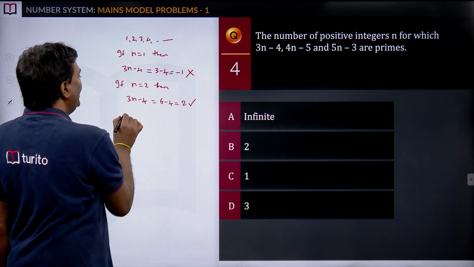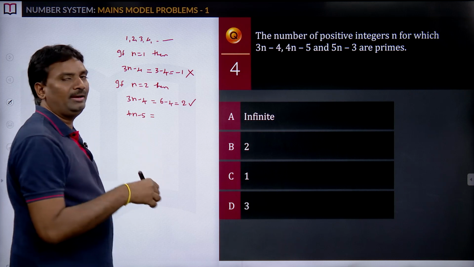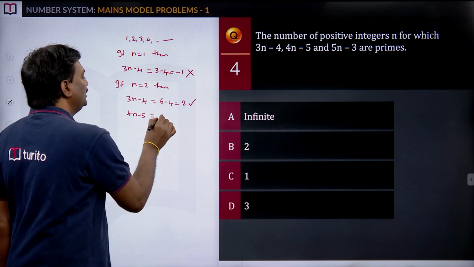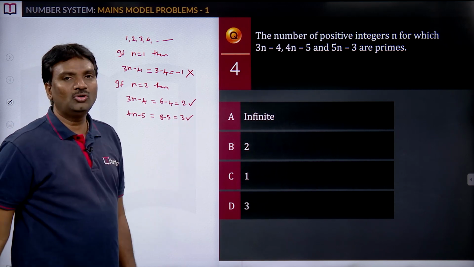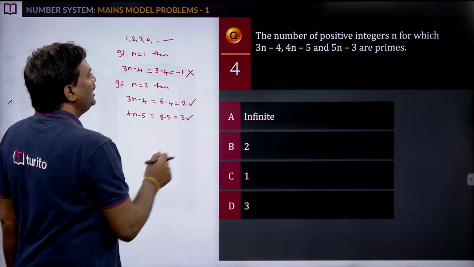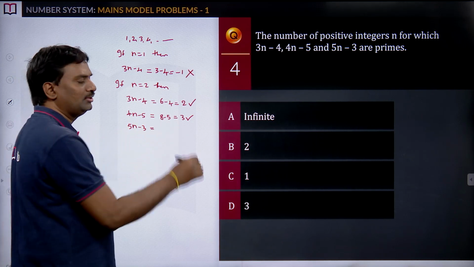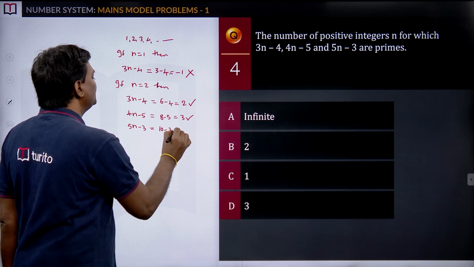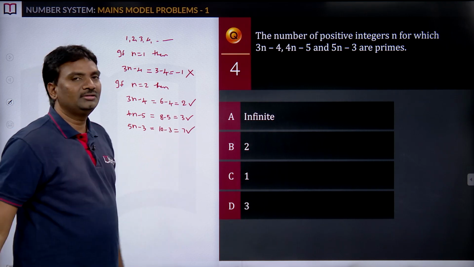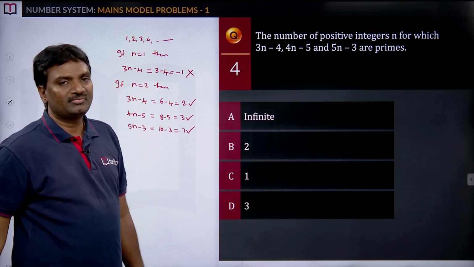Next 4n minus 5 equal to, in place of n by writing 2, 4 times 2 is 8 minus 5 equal to 3, this is also a prime number. If you take the third number 5n minus 3, in place of n by writing 2, 5 times 2 is 10 minus 3 equal to 7, this is also a prime number. So, that is why you can consider n equal to 2.